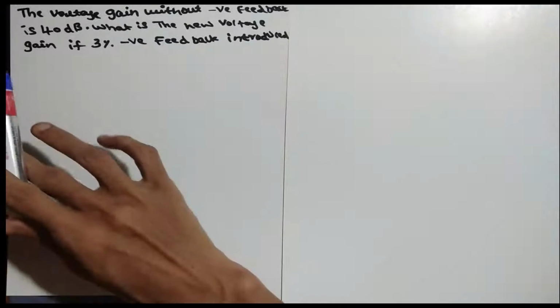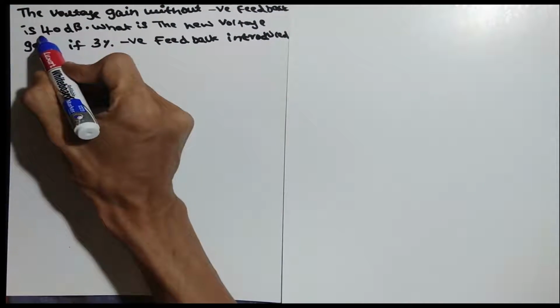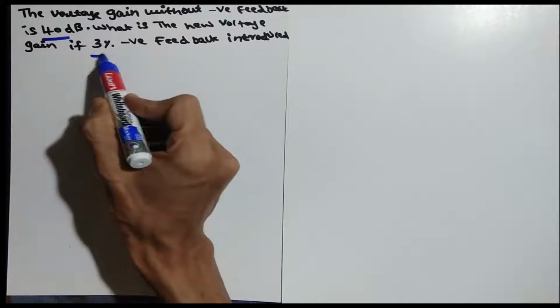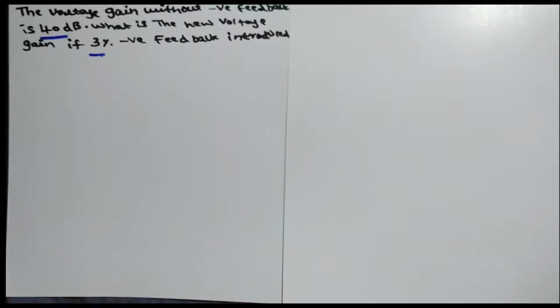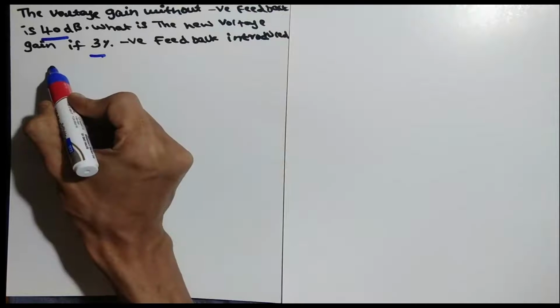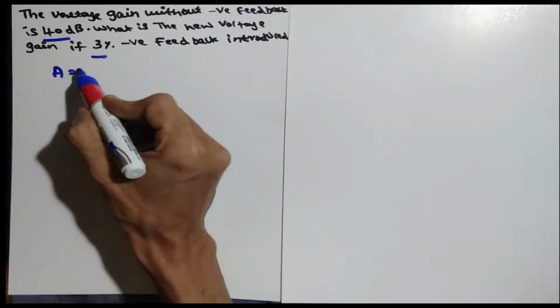Next problem. The voltage gain without negative feedback is 40 dB. So it is given in decibel. What is the new voltage gain if 3% negative feedback is introduced? So here the trick is, one thing, they are given in dB. Second, they are given negative feedback, and our aim is to find the voltage gain with feedback, given the gain without negative feedback, that is A. So the A value is given as 40 dB.